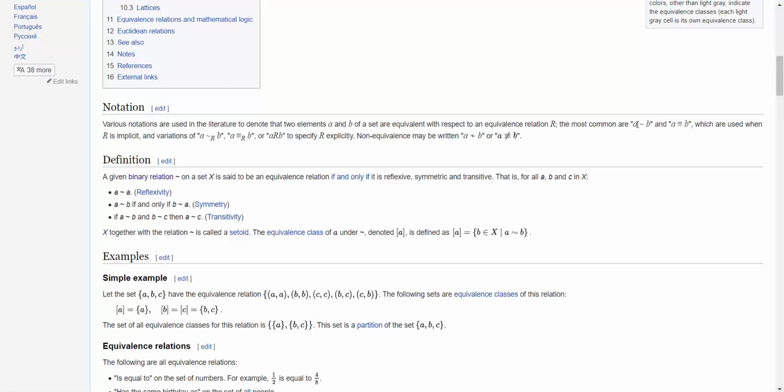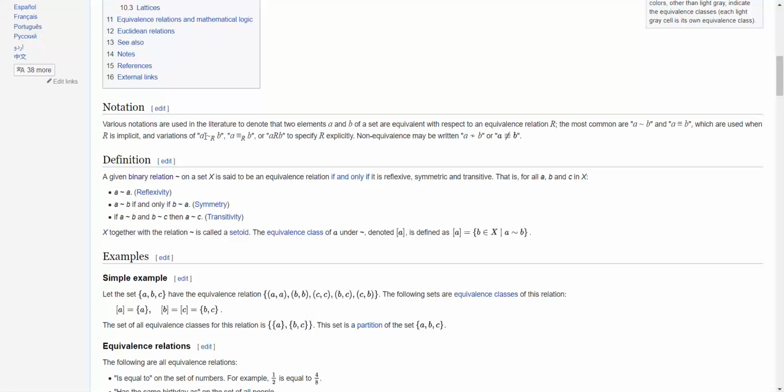These are the common notations. This is a three-line symbol. It's weird, which is used when R is implicit. Variations specify R explicitly. Non-equivalence may be written.